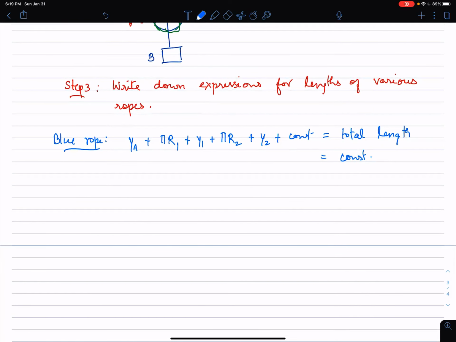Okay, so we can differentiate. We basically have YA dot plus d by dt of pi R1, which is basically 0 because it's a constant, plus Y1 dot plus 0 plus Y2 dot plus 0 equals 0.